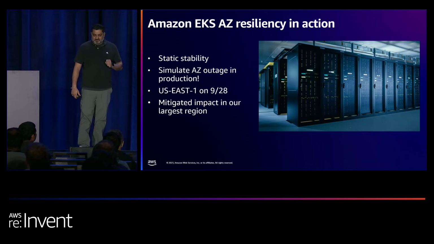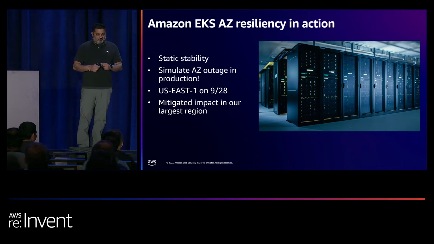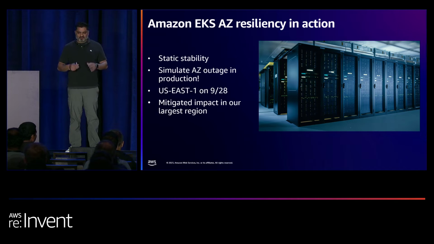During this event, we did the root cause, we dissected our performance in that event, and we mitigated impact in our largest region. Customers didn't see impact. This is for hundreds of thousands of clusters in our largest region.